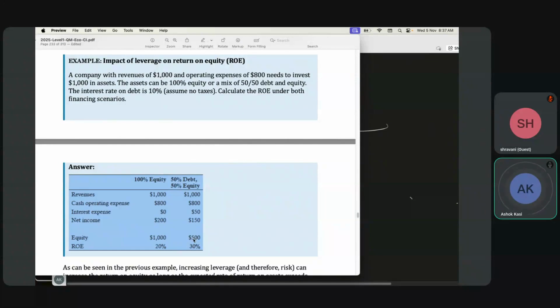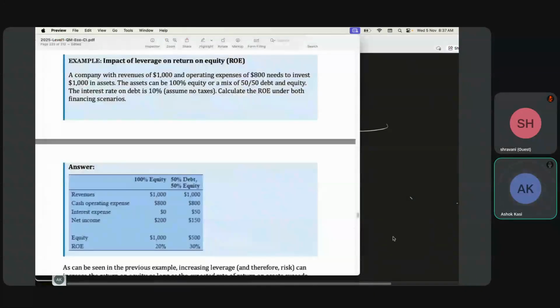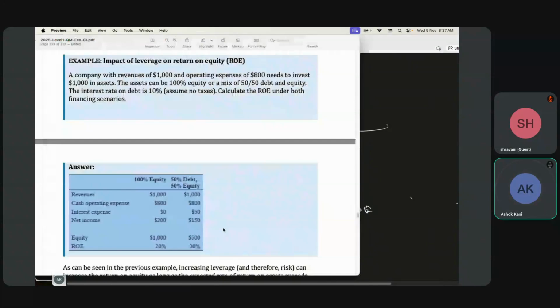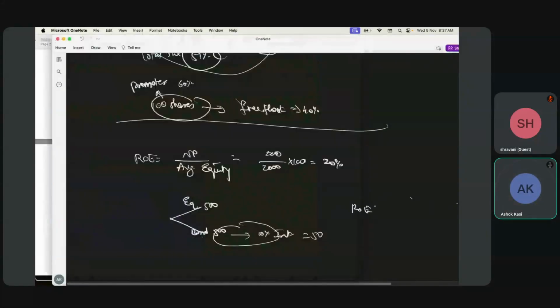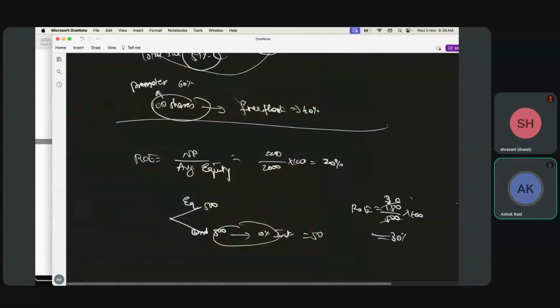So equity is 500. Your profit is 150, so return on equity will be 150 divided by 500. That comes to 30%.